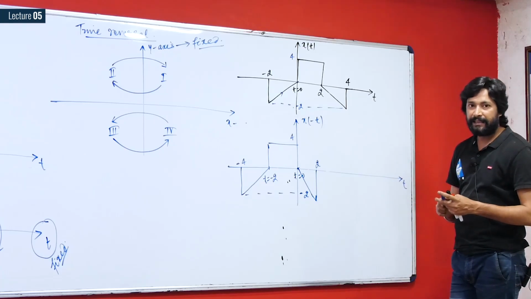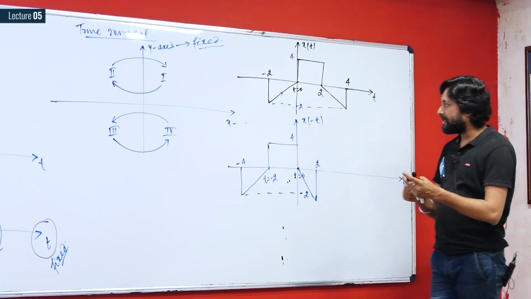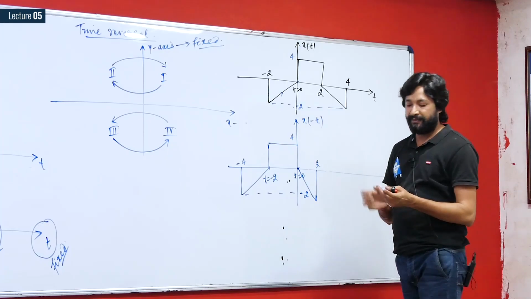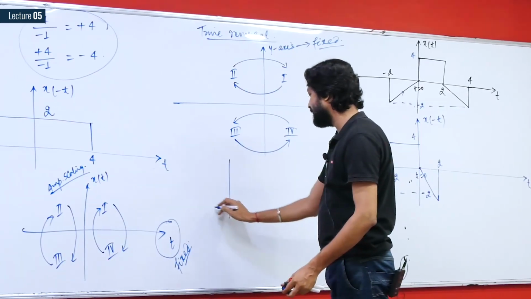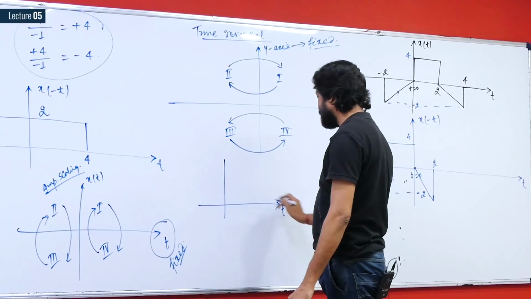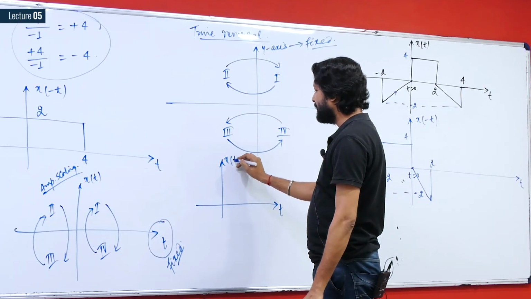One more thing you must be careful about whenever you apply time reversal. Take a simple example to understand the point. Let you have a signal x of t with respect to t.